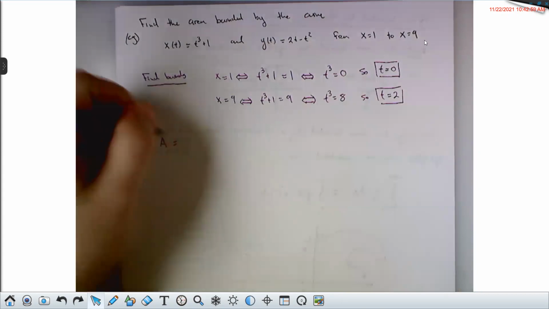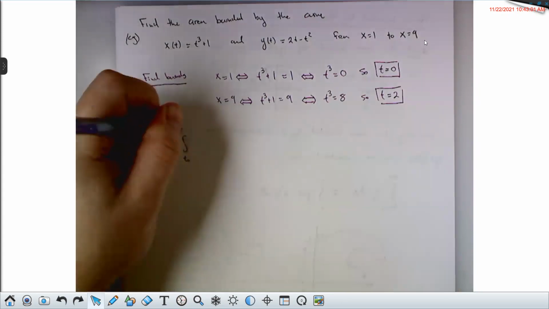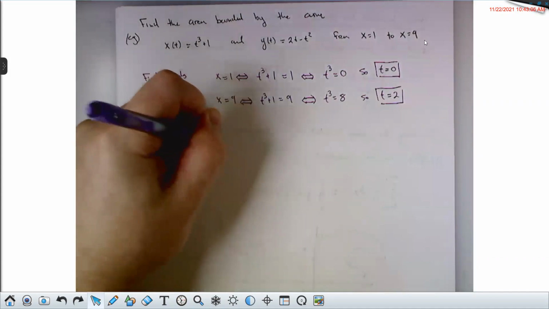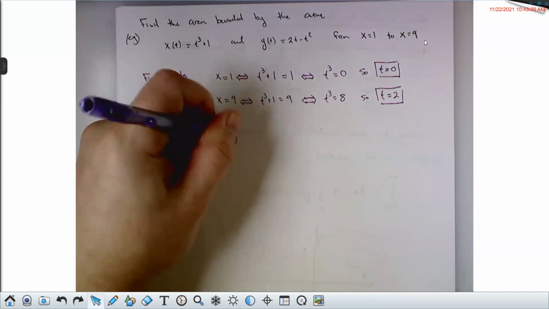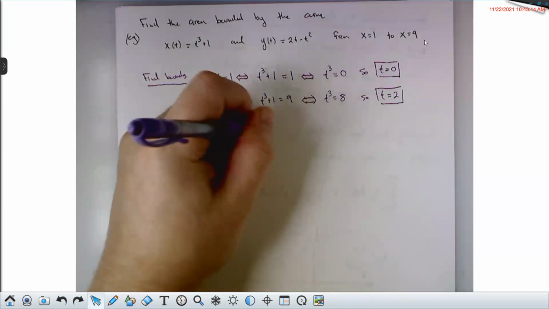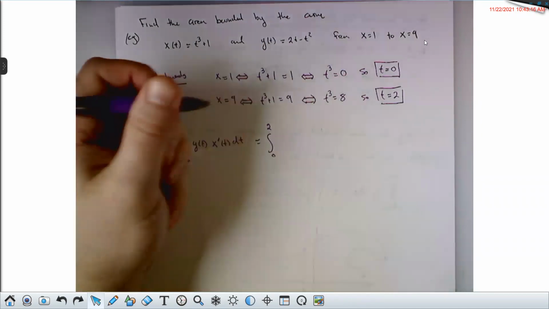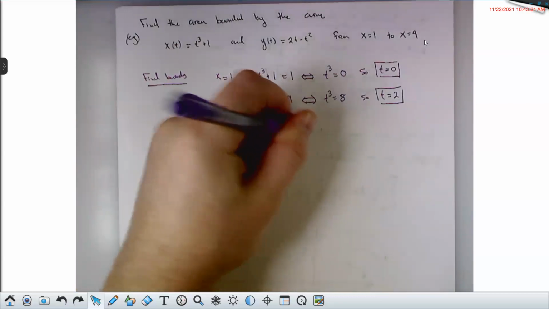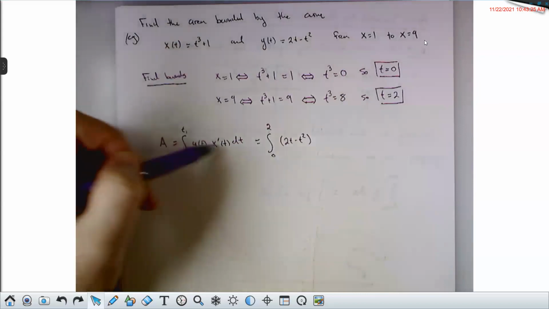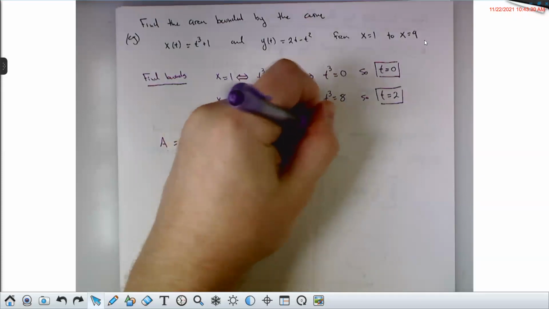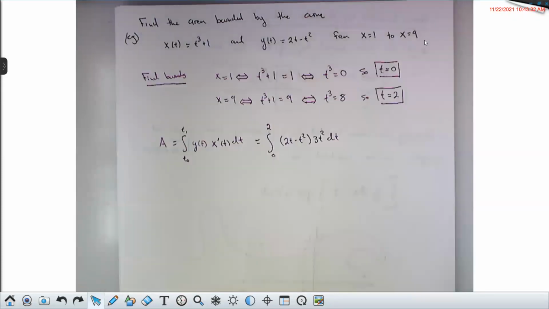The area is the integral from 0 to t1 of y of t times x prime of t dt, which is the integral from 0 to 2. y of t is 2t minus t squared, times x prime of t dt, which is 3t squared dt. And that's it. That's your integral.